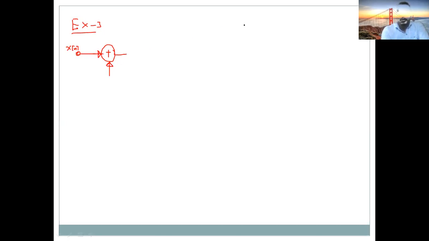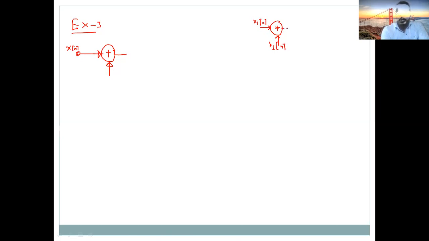So when you see an adder, one of the basic elements in discrete time system design, it takes two discrete time signals, x1 of n and x2 of n, as input.